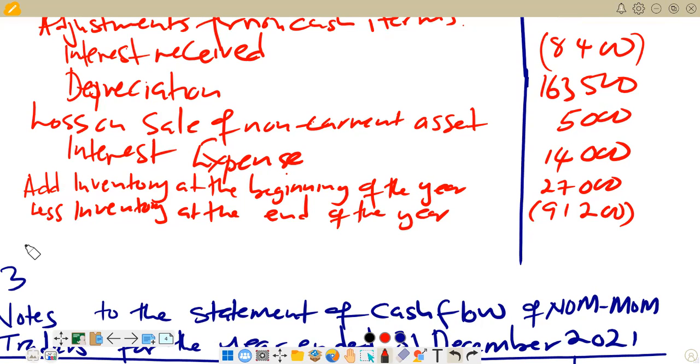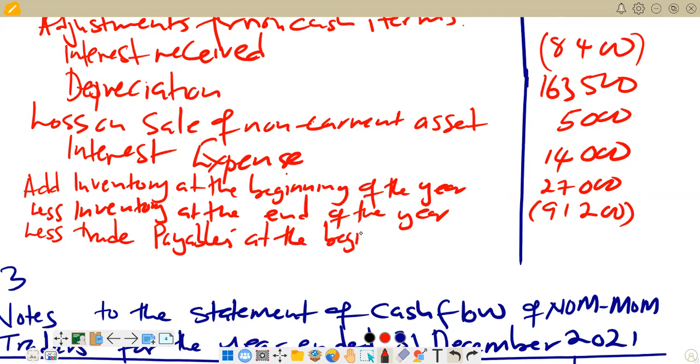So we are now saying less trade payables at the beginning of the year. The figure that we have for that one is 90,000. So we are subtracting 90,000 here.